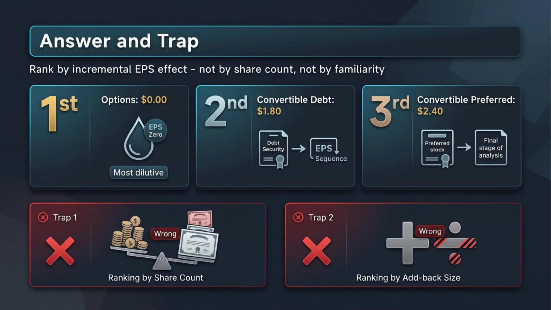The trap is ranking by share count or by familiarity. A security with more shares is not automatically more dilutive, and a larger add back is not automatically less or more dilutive. Always divide the add back by the conversion shares first, then rank by the incremental EPS effect.